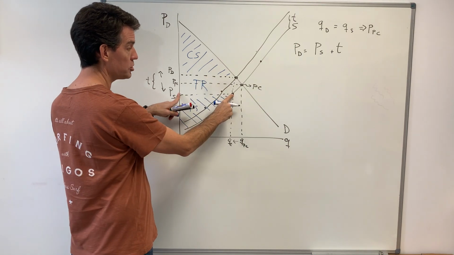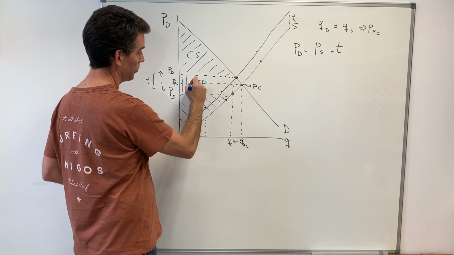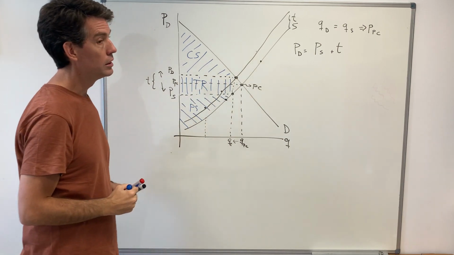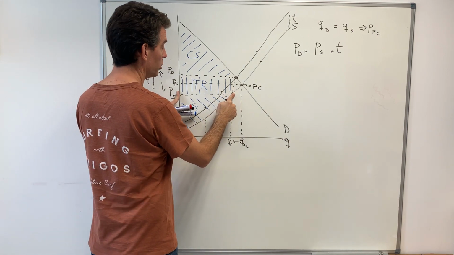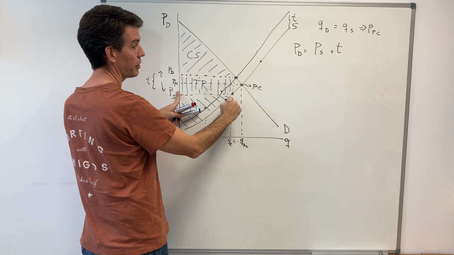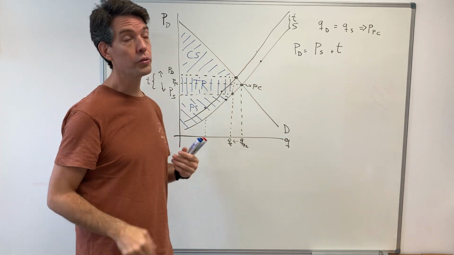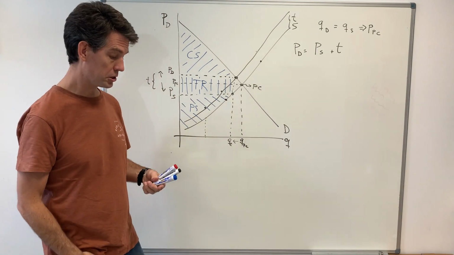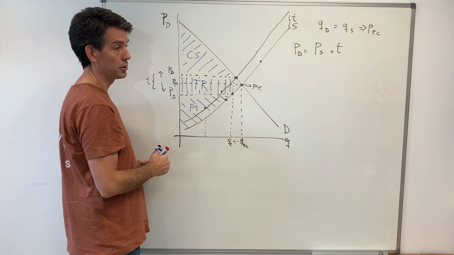Because for each unit sold, the government is getting T. So the area of this rectangle is what we call the tax revenue. The government is getting QT units sold multiplied by T. The area of a rectangle is the base times the height. So there is some part of the welfare that consumers are losing and some part of the welfare that producers are losing that actually the government recovers in terms of tax revenue.